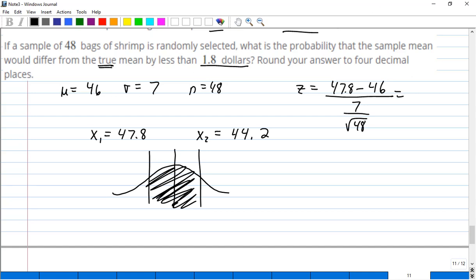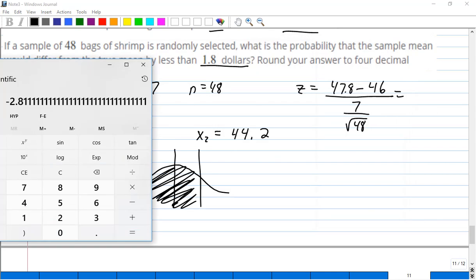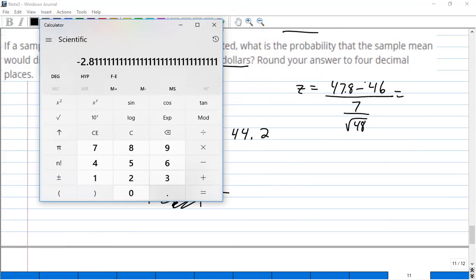Alright, we know what the difference is on the top there because we added 1.8 to get to that number. So 47.8 minus 46 is 1.8. So 1.8 times, I got to do the square root of 48 divided by 7. So that's going to be a z-score of 1.78.